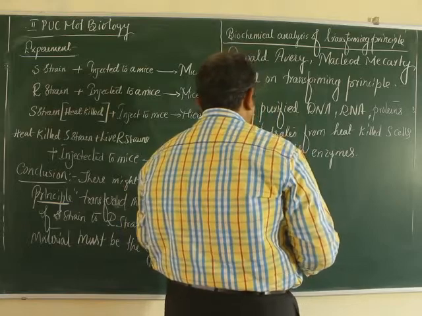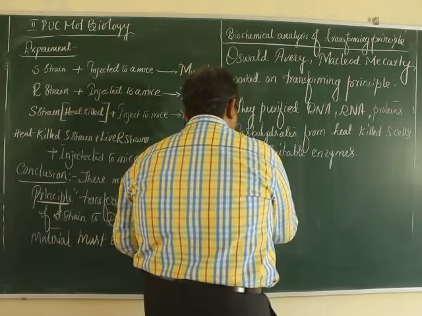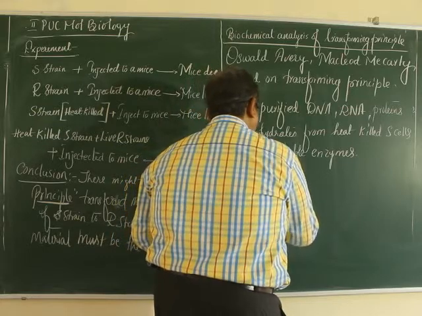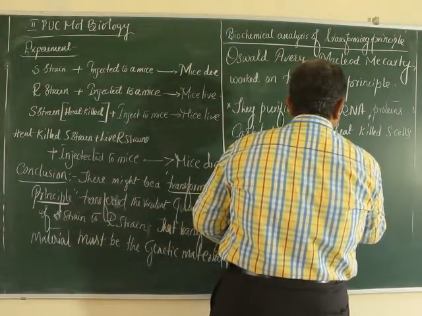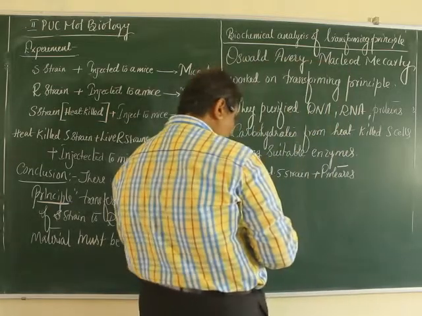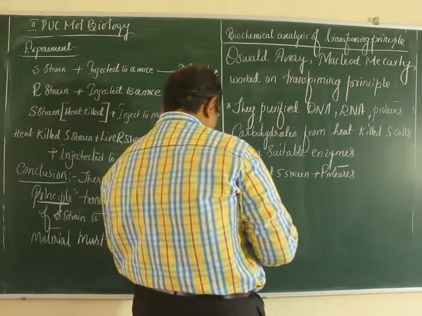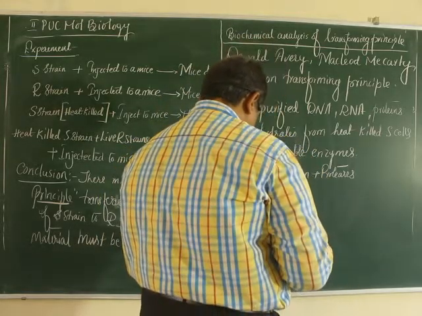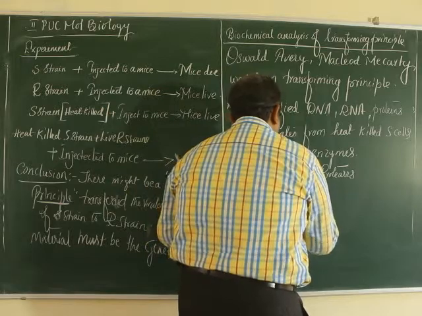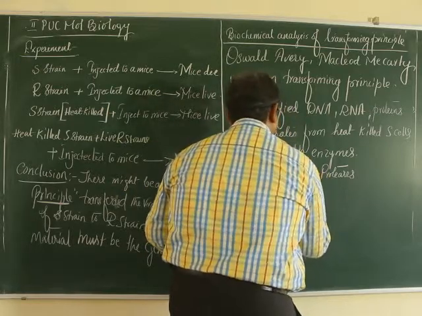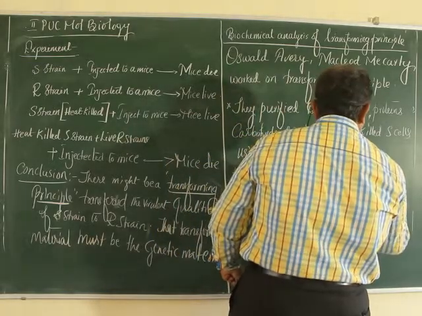Then what they did, they took heat-killed S-strain and proteases, which are able to digest the proteins, and live R-strain, and injected it to the mice.